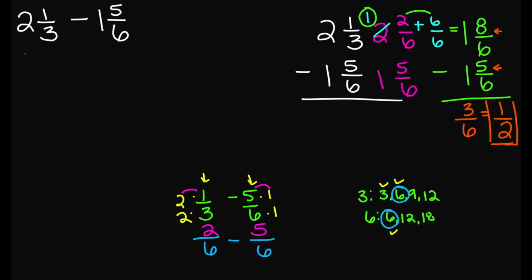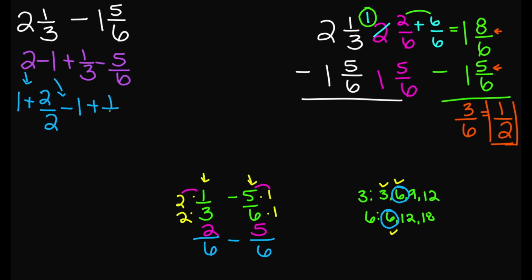So if I expand it, we're going to get 2 minus 1 plus 1/3 minus 5/6. I'm going to rewrite my whole number here and do 1 plus 2/2 because that's going to give me 2. And then we have minus 1 plus 1/3 minus 5/6.